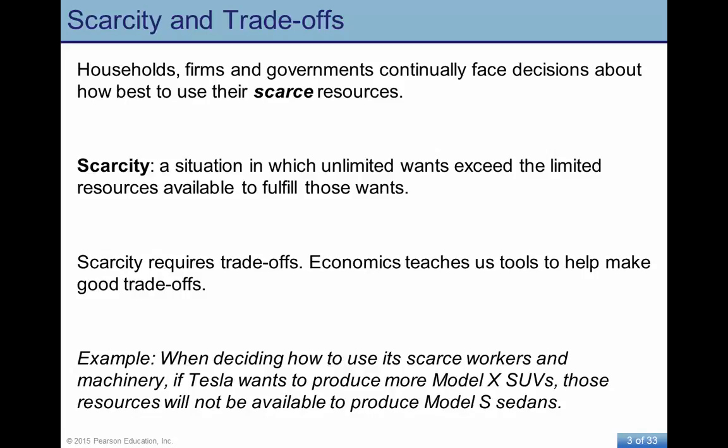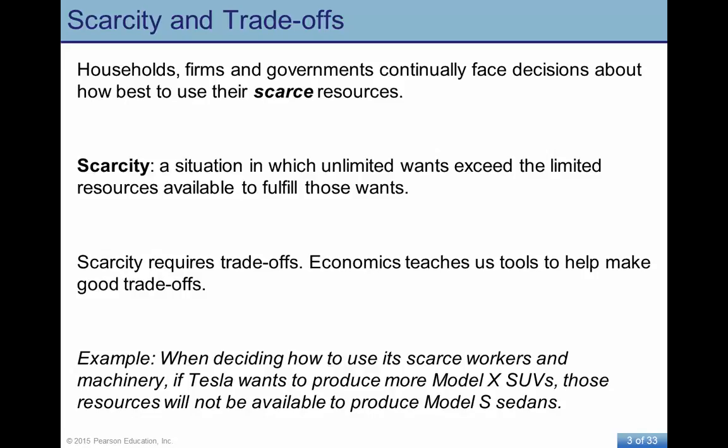Scarcity and trade-offs. Households, firms and governments continually face decisions about how best to use their scarce resources. Scarcity is a situation in which unlimited wants exceed the limited resources available to fulfill those wants.